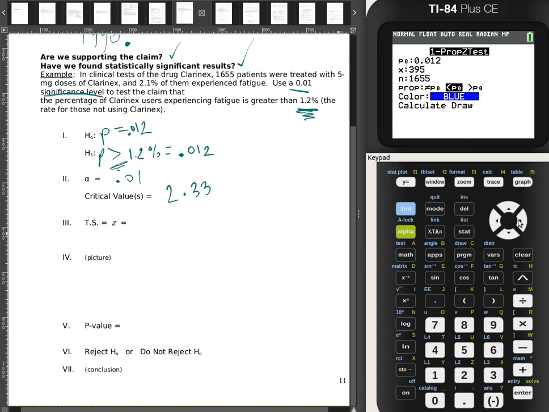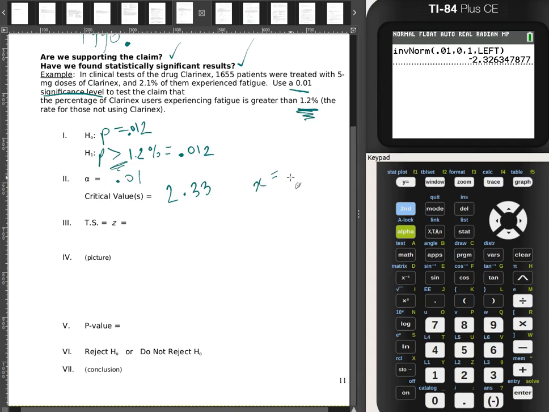and for this value, I hope it's not going to mess us up, it didn't actually tell us how many people were fatigued. It only said it's 2.1% of these people, so we should calculate that x. It's going to be 2.1%, which is 0.021, times the number of people. This will give us 2.1% of the patients.